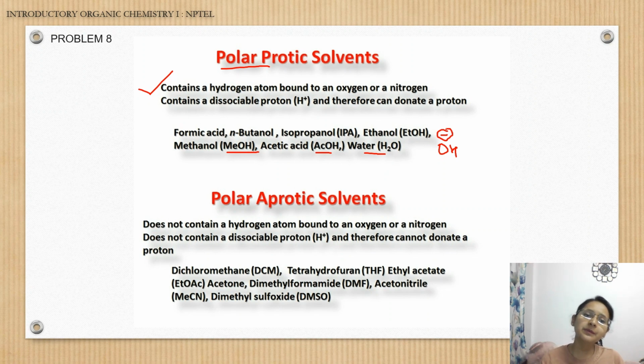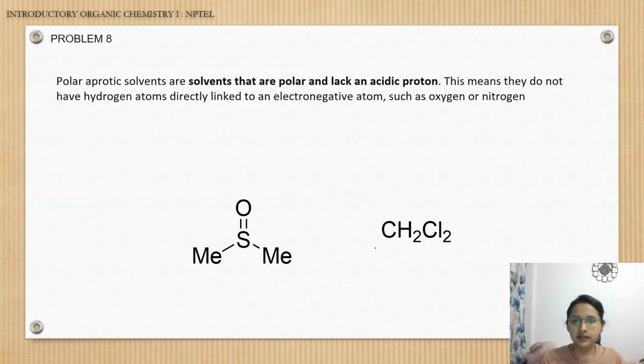But now what do you mean by polar aprotic solvents? That does not contain a hydrogen atom directly bonded to oxygen or nitrogen, so it doesn't contain a dissociable proton. For example, DCM. See, this is the structure for DCM. So this is dichloromethane. Here it has hydrogens, but they are not dissociable hydrogens.